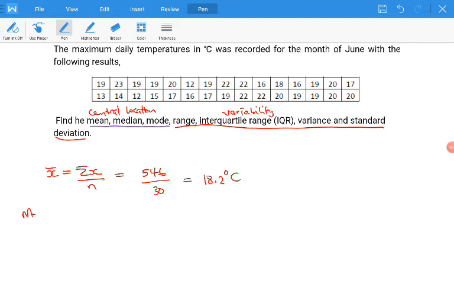Then the median. To find the median, we arrange the data by order of magnitude.